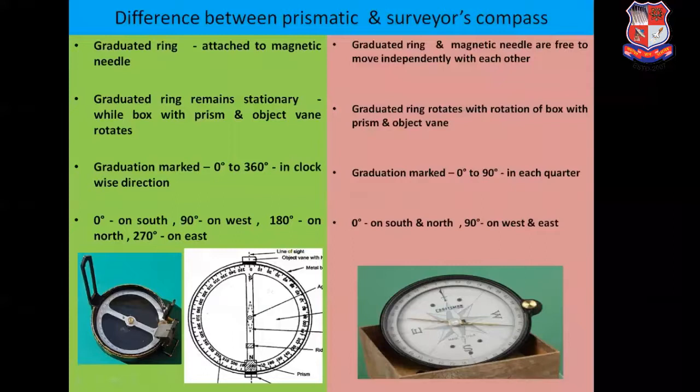While in case of the Surveyor compass, 0 degree is located on the south and north pole and 90 degree is located on the east and west pole. You can see the figure of the prismatic compass and Surveyor compass at the bottom of this slide.